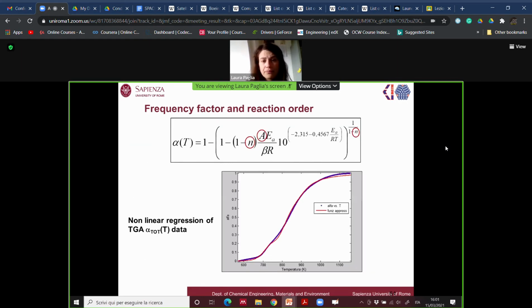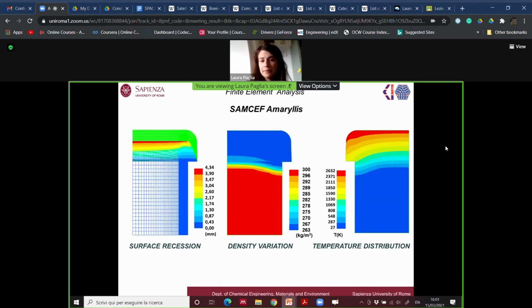Okay, then this is, for example, what we can obtain with a finite element model. Once I have all the parameters needed, I can use some commercial finite element program, software, in order to rebuild the behavior of an ablative material.